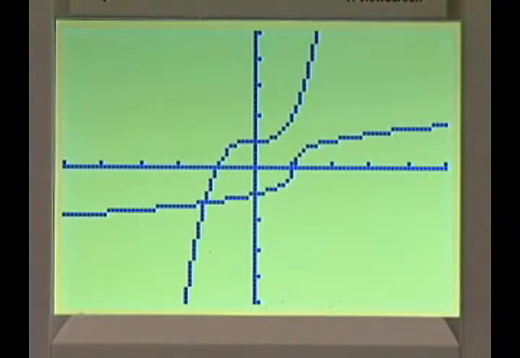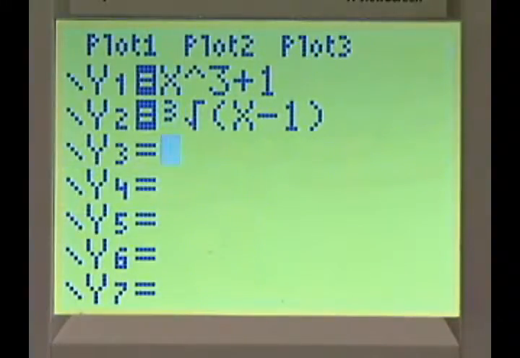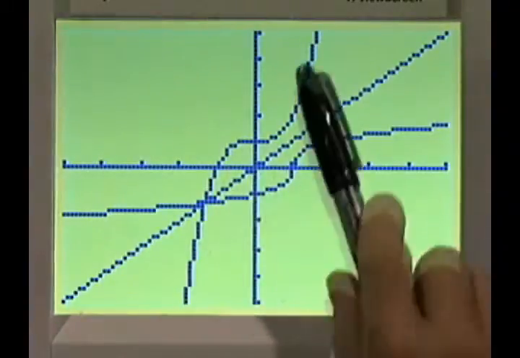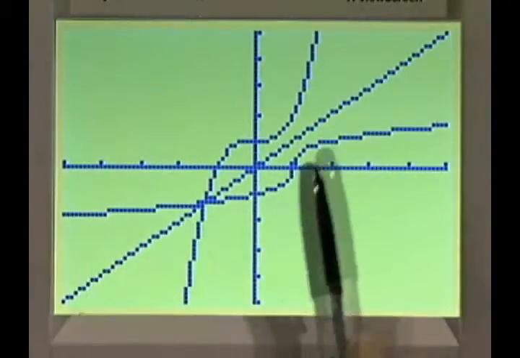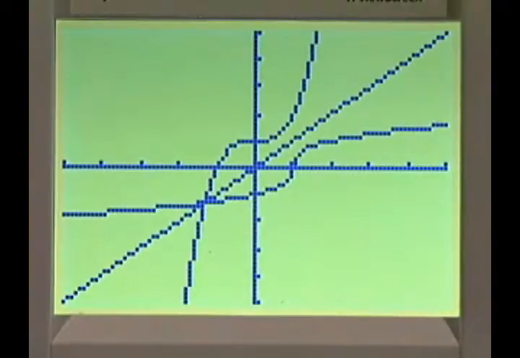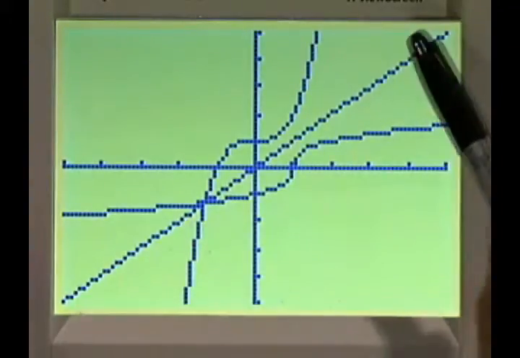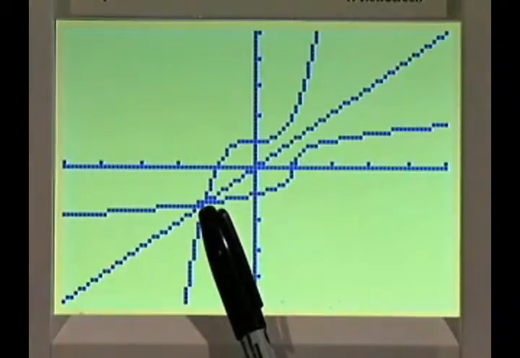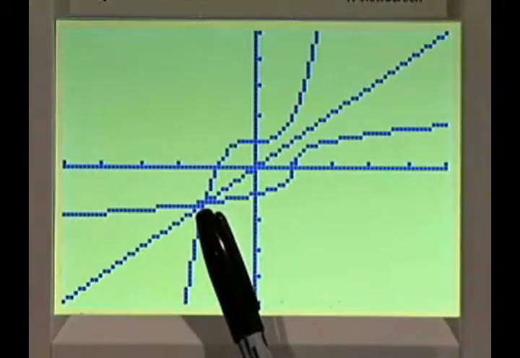What you need to note, and I'm going to put in a third function for you, y equal x, and have it graph, is that the function, which is the top curve, and its inverse are reflections of each other about the line y equal x. In addition to that, if they ever intersect, they will intersect on the line y equal x.